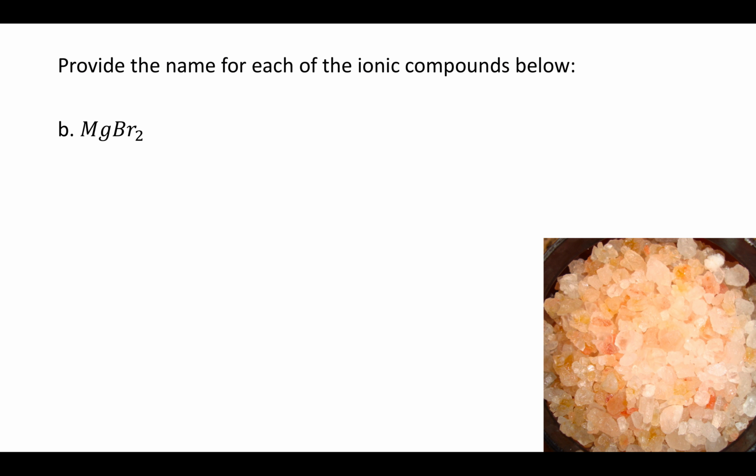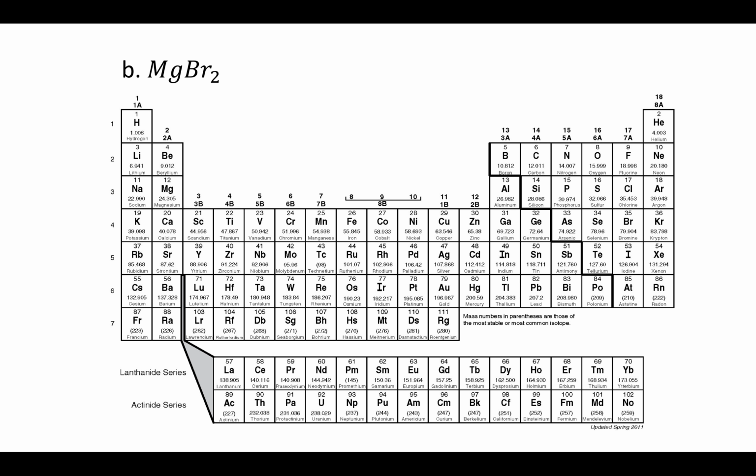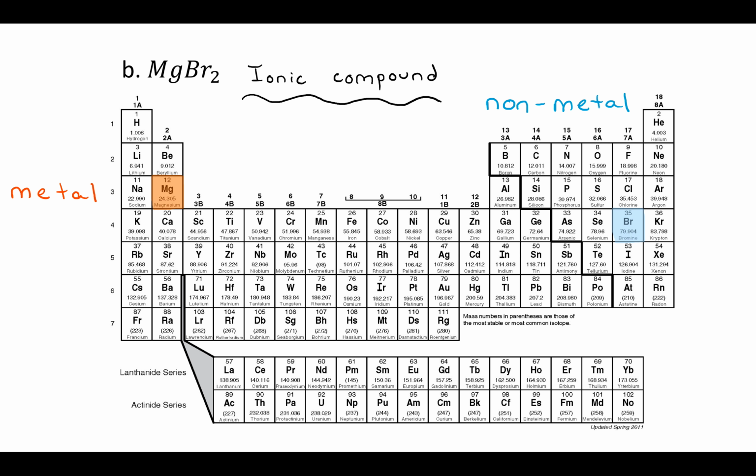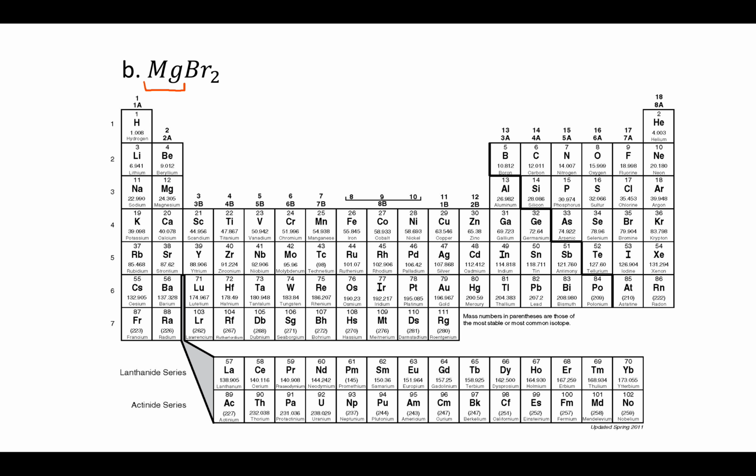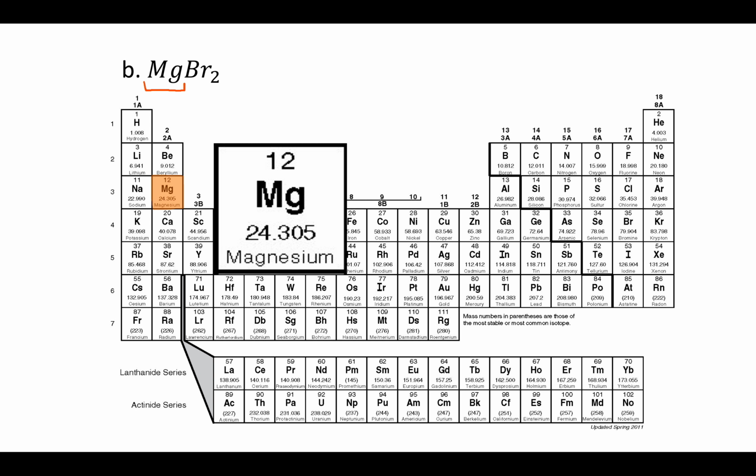Alright, how do we name MgBr2? So first, let's just make sure it's an ionic compound. We have a metal, because it's to the left of the staircase, a nonmetal, because it's to the right. So we have a metal and a nonmetal, that's an ionic compound. So for ionic compounds, take the name of the first element, exactly as it is on the periodic table. So here that's magnesium.